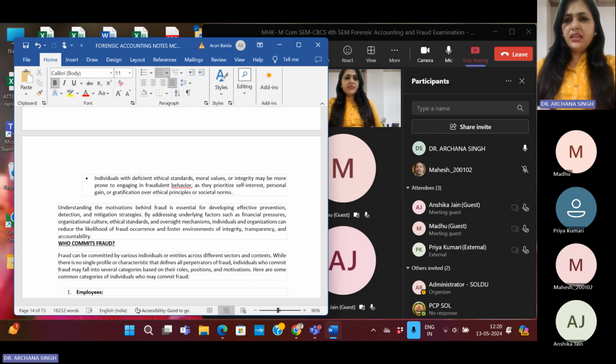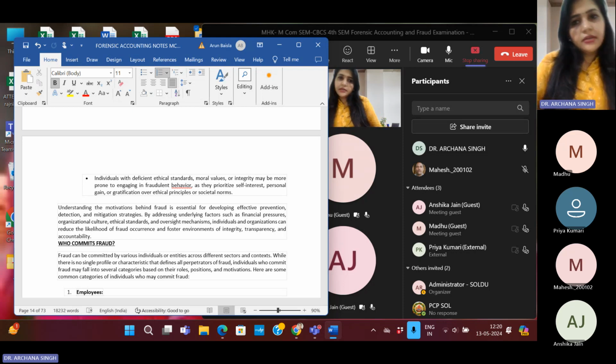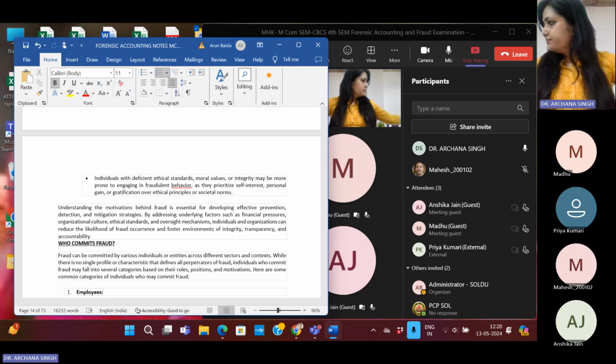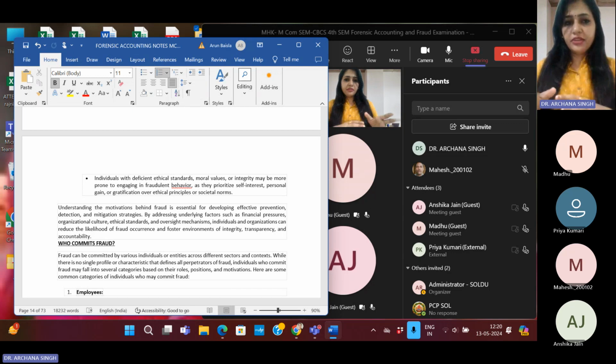The next is understanding the motivations. So basically, understanding the motivation behind fraud is essential for developing effective prevention, detection, mitigation strategies.